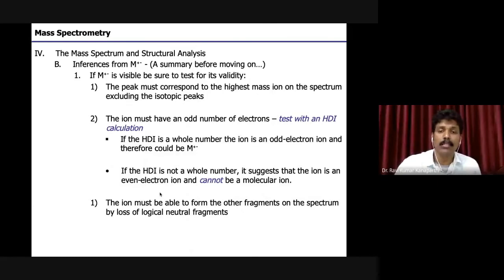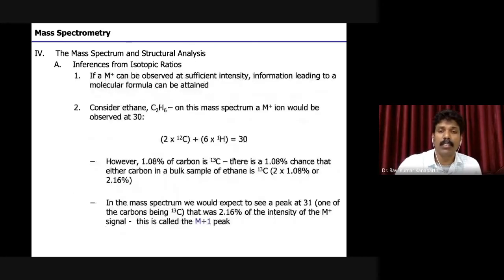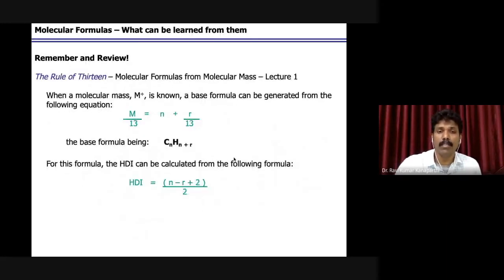If it is a whole number, then that particular ion can be an odd electron ion, and there is a high possibility that the ion will be a molecular ion. Suppose it is an even number; definitely that particular ion peak cannot be your molecular ion, because we know very well the molecular ion is an odd electron species.